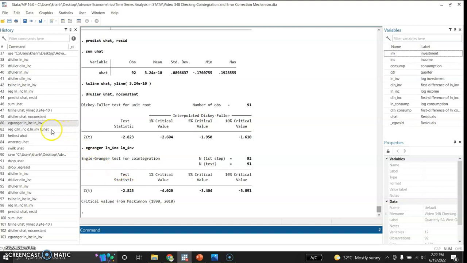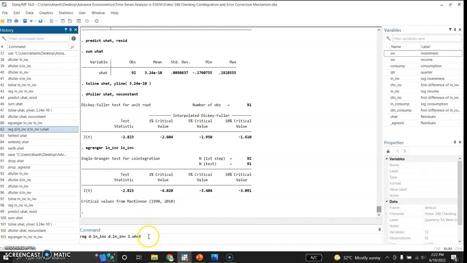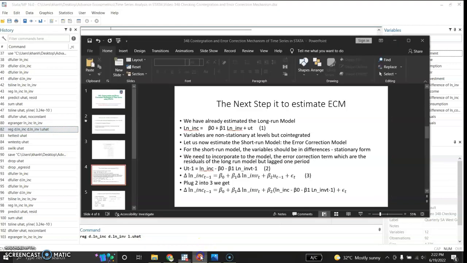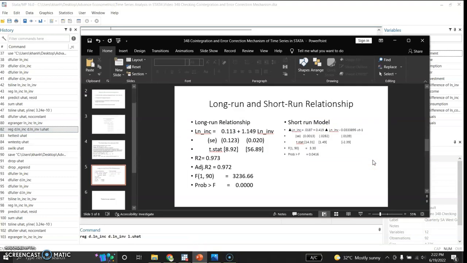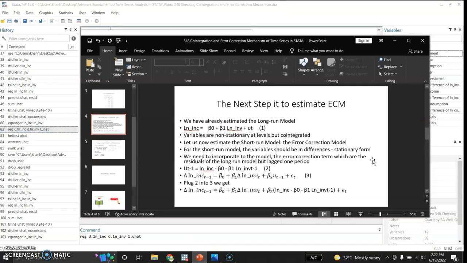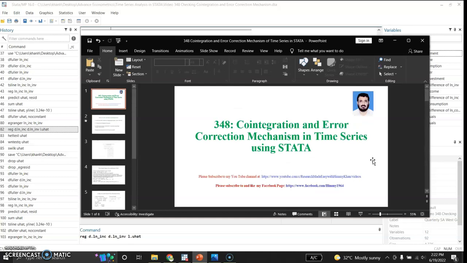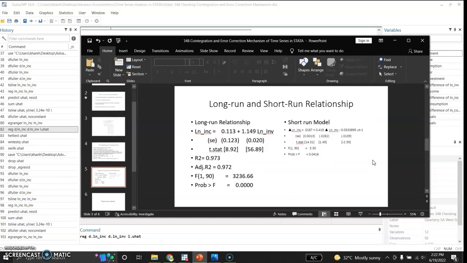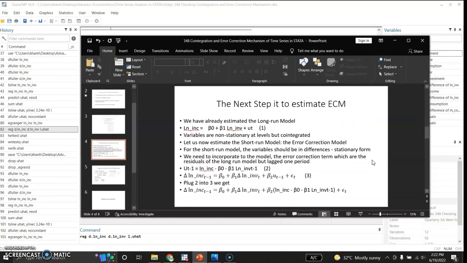Then we will run this regression, and let me show this regression. This is the first step.